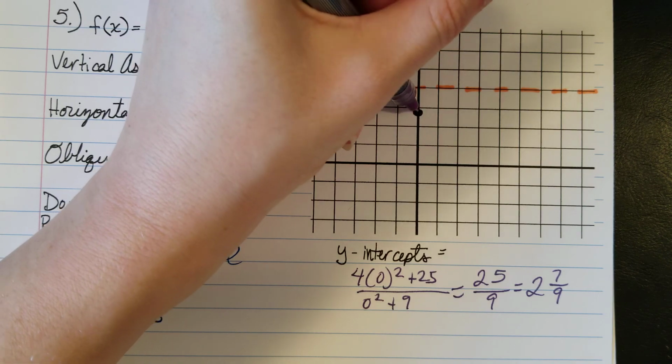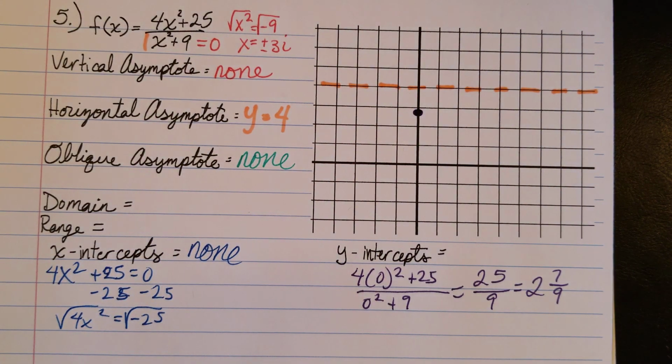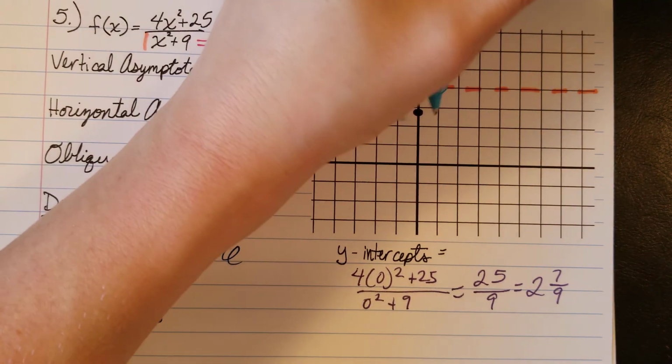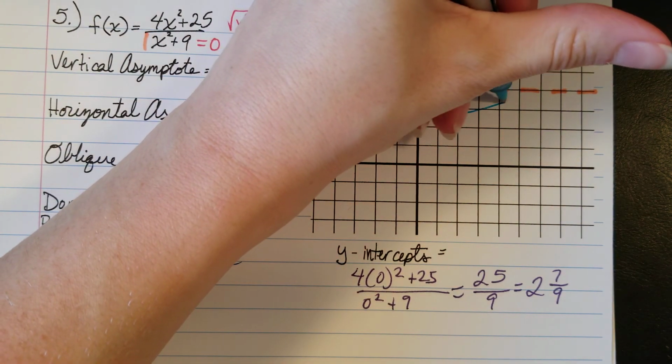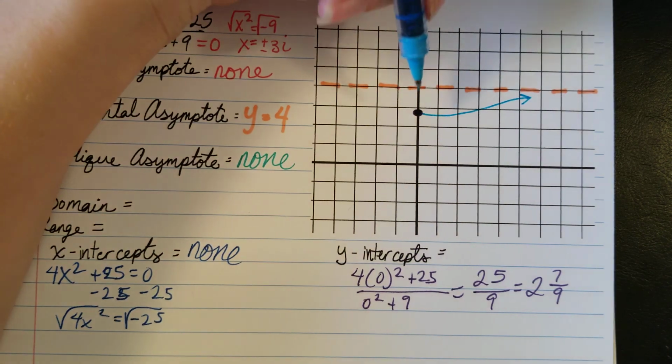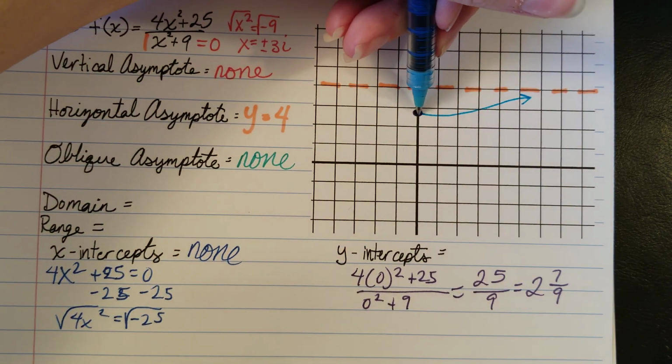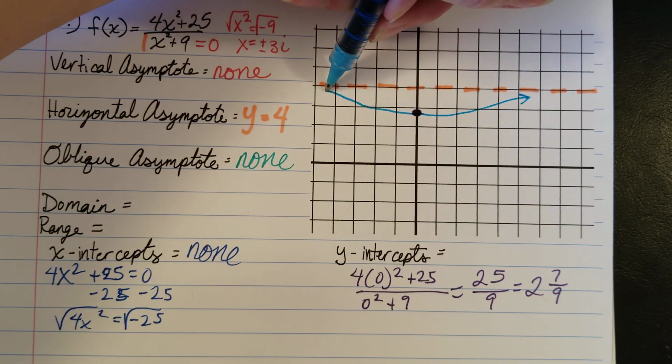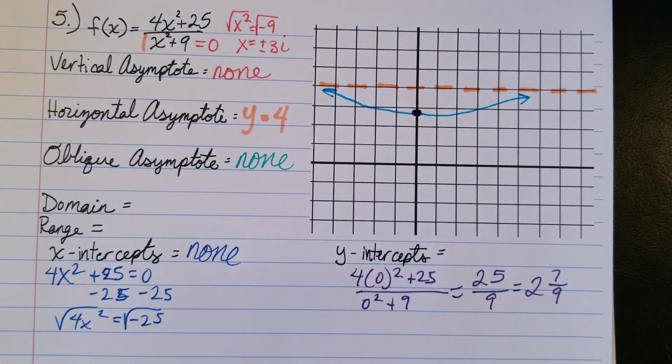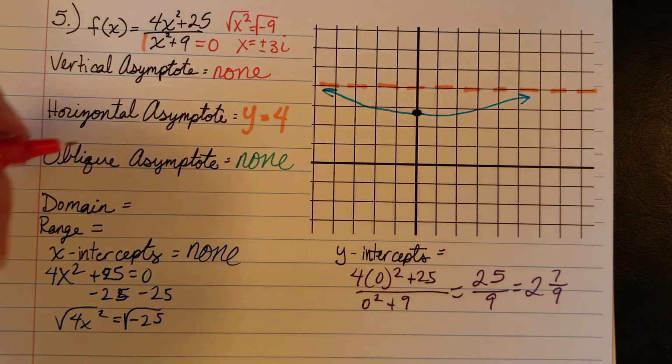So something like that. All right, and that's all the information we have to go on. Something like that. All right, so the domain is all real numbers.